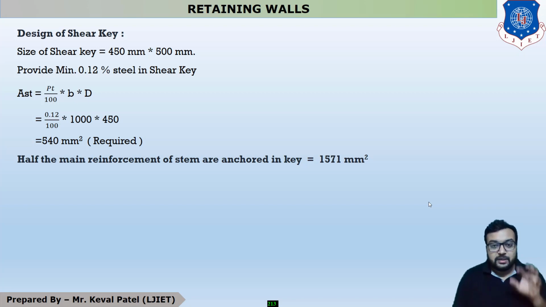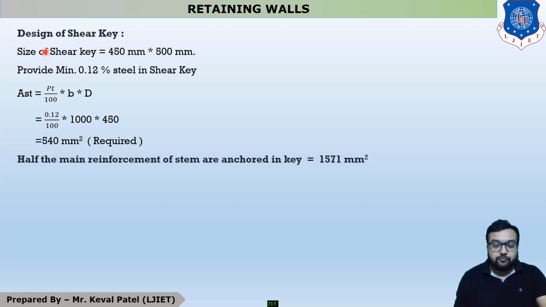In the counterfort and cantilever retaining walls, the main difference is in the calculation of preliminary dimensions, and all the remaining steps are as per the method discussed in the cantilever retaining wall. In the 7th step we discuss the design of shear key.